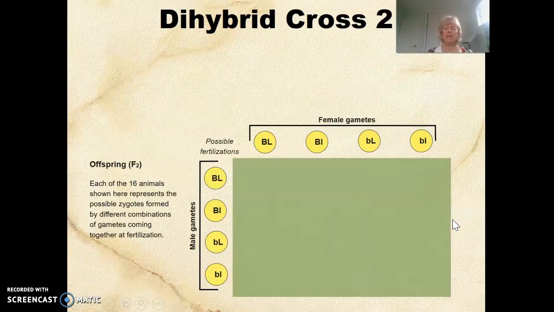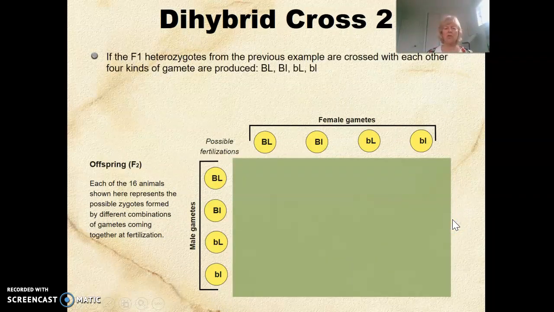In our next generation, we are now crossing the two heterozygous individuals, and they can produce four types of gametes. These gametes can carry the dominant allele for both genes, one dominant and one recessive, the other recessive and the other dominant, or two recessive.